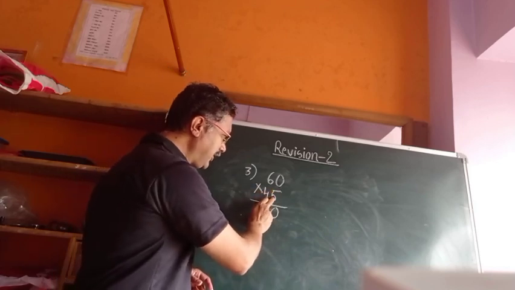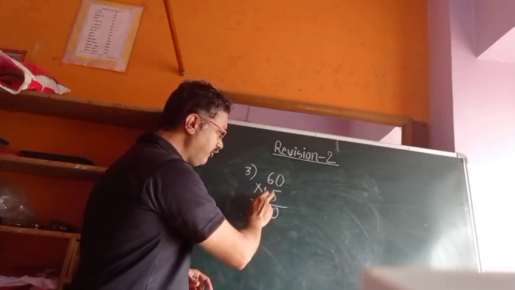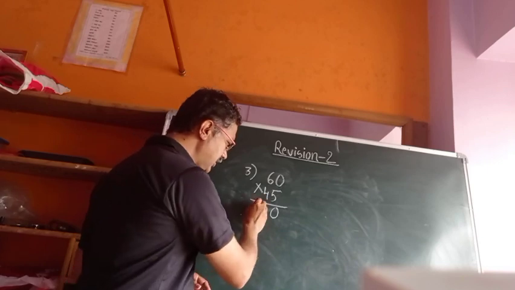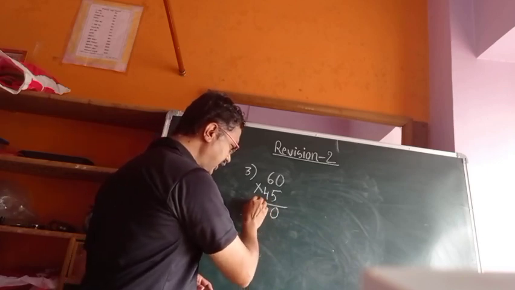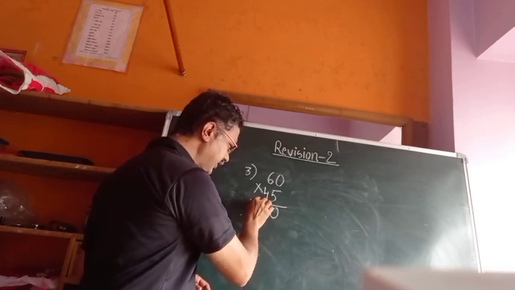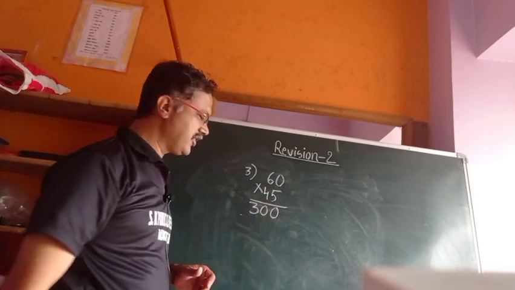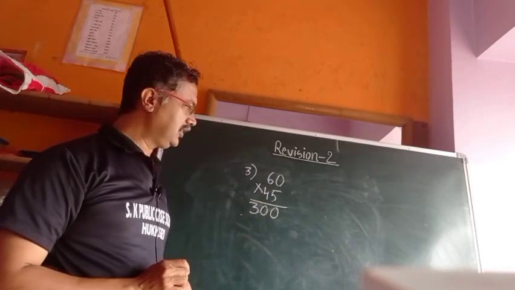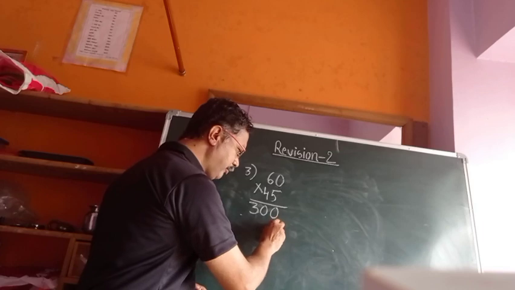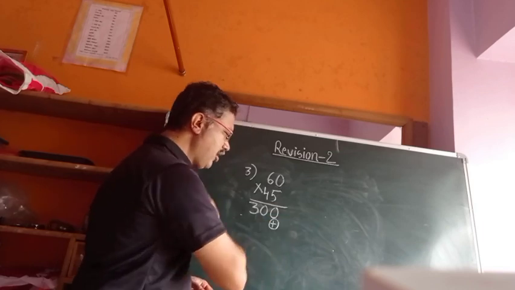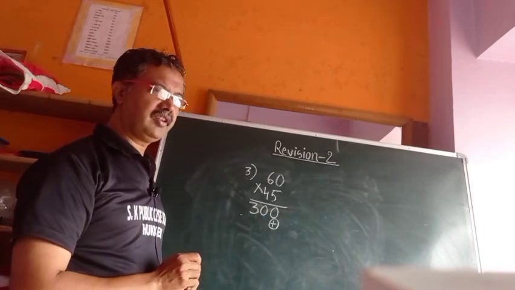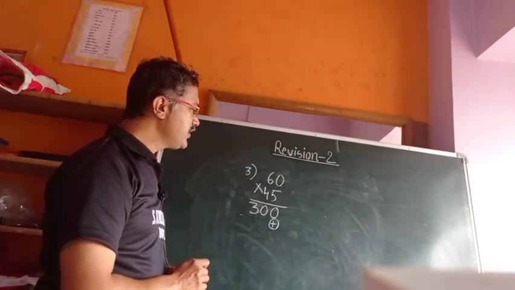Now we have to multiply this number to this number. 5 6s are 30. Now plus sign or 0 you have to insert in the ones place.